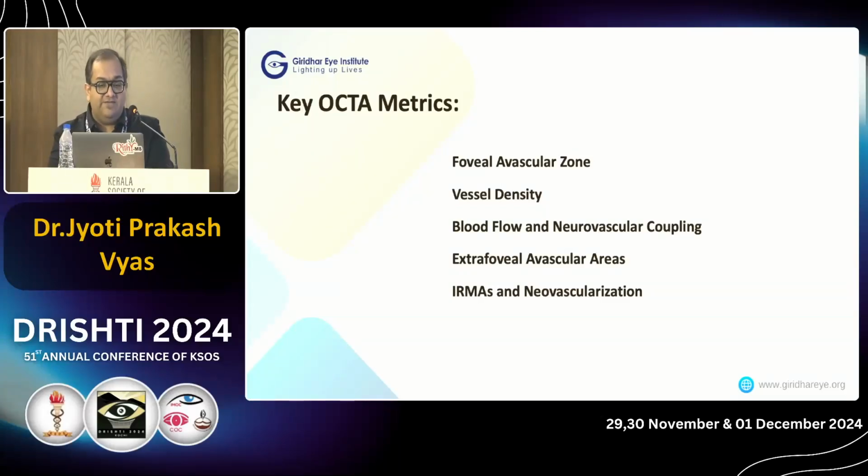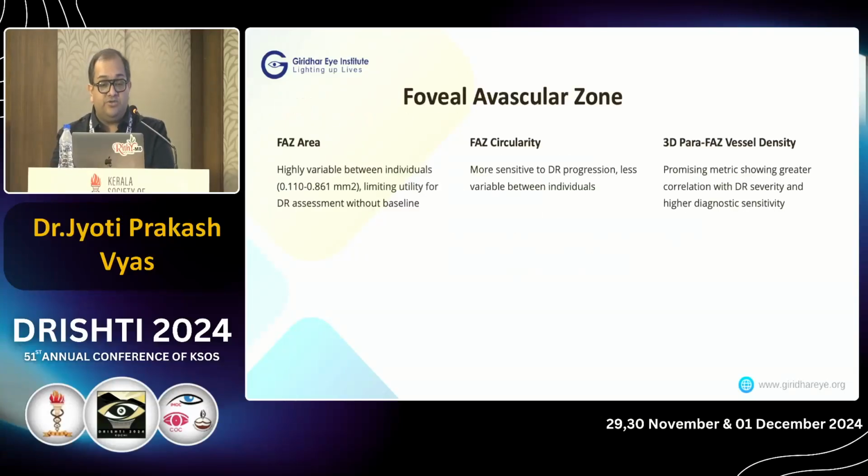They include the foveal avascular zone, vessel density, as previously talked about, and flow analysis along with neurovascular coupling. Neurovascular coupling is an interesting concept, in which we can antedate the appearance of a particular lesion prior to any clinical sign of it. That is, we can predict whether the lesion is going to appear in due course of time or not.